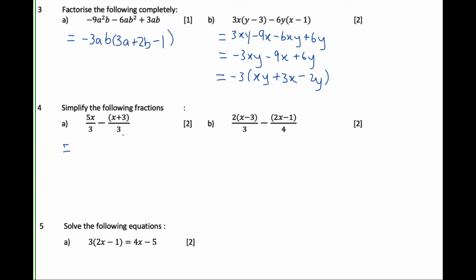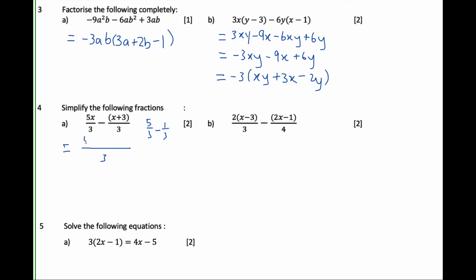In the next example, we have two algebraic fractions, and these are similar to the numerical forms 5 over 3 minus 1 over 3. So in this case, we just subtract the numerators and put it over the common denominator. So the common denominator is 3.